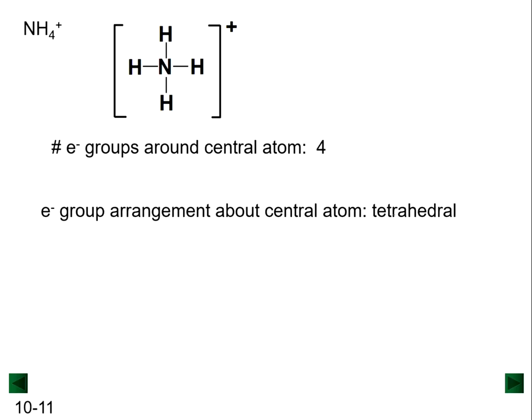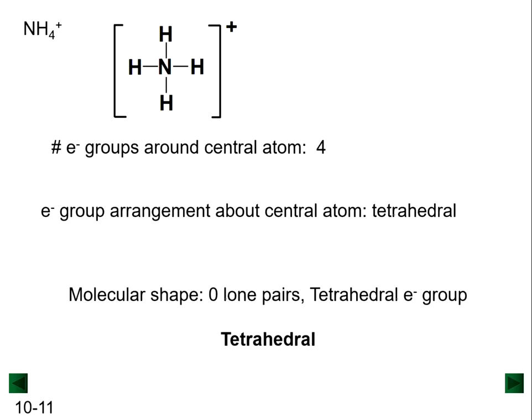For 4 electron groups, the electron group arrangement about the central nitrogen atom is tetrahedral. The molecular shape is deduced by considering that we have 0 lone pairs and a tetrahedral electron group arrangement. Therefore, the molecular shape is tetrahedral, and the bond angles in this case are 109.5 degrees. All of the atoms are identical.